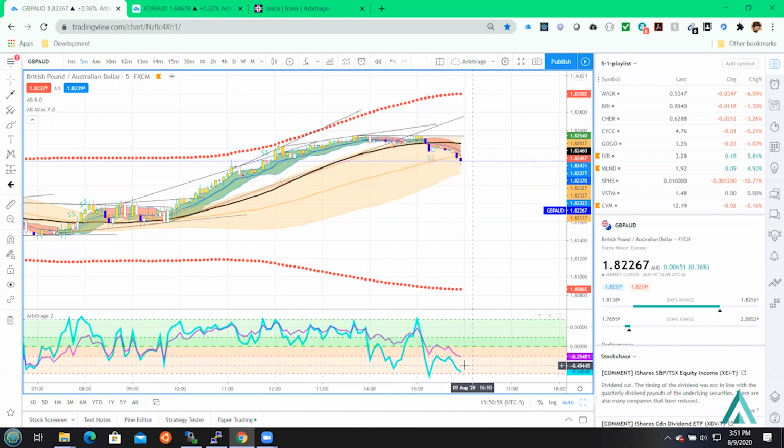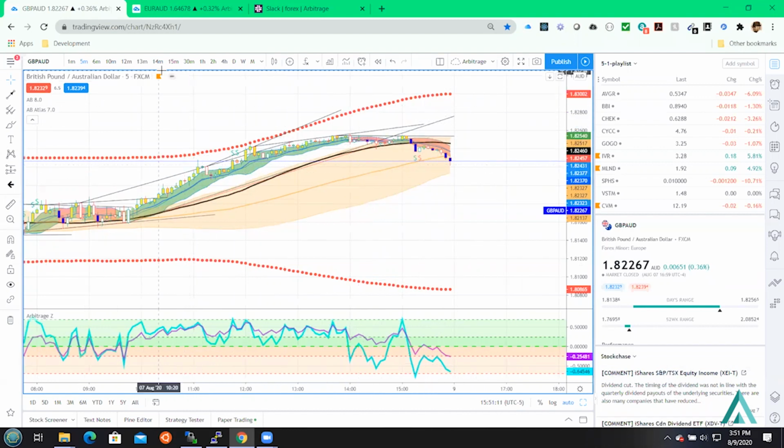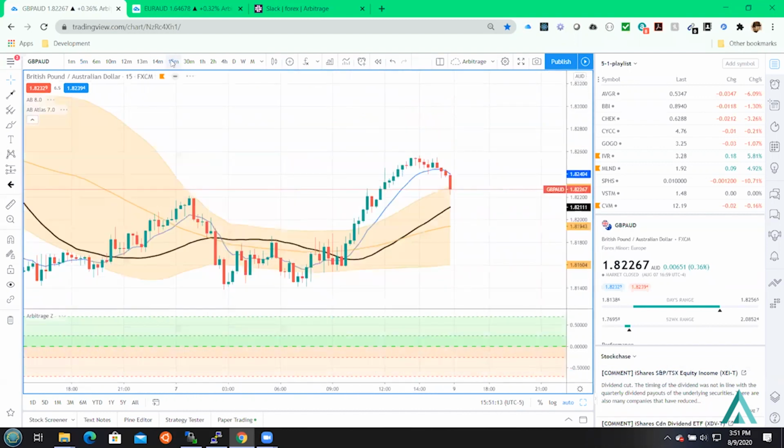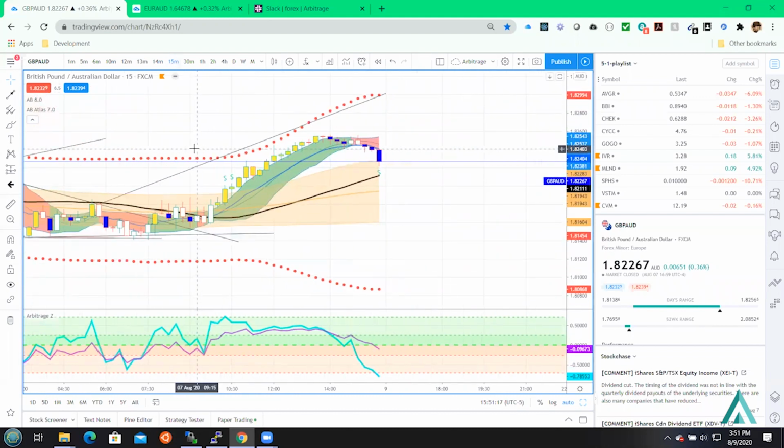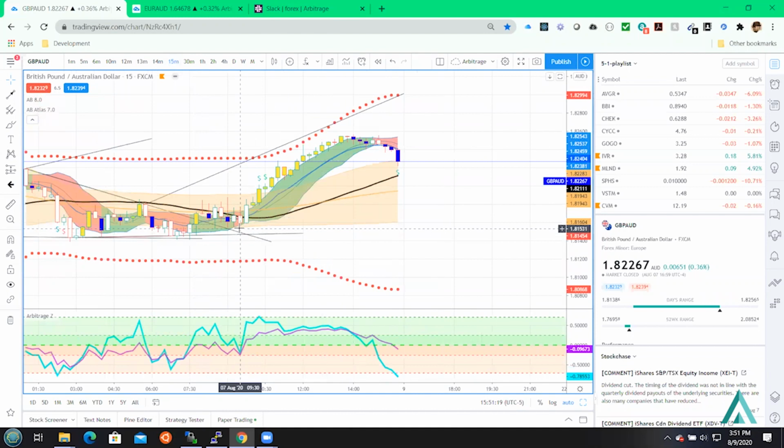I'm seeing that he's trying to poke out of here, and he may not bounce. He may actually go confirm, and we may get a little bit of down on GBP AUD. So I'm watching this guy really, really closely because I am wanting up on this guy. I have a core position in that isn't up right now.